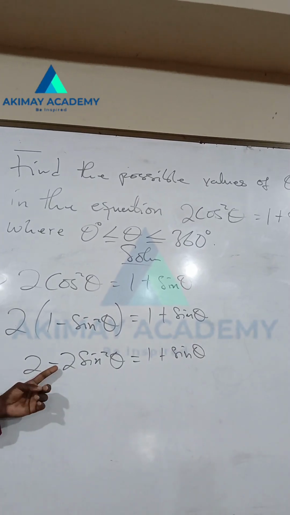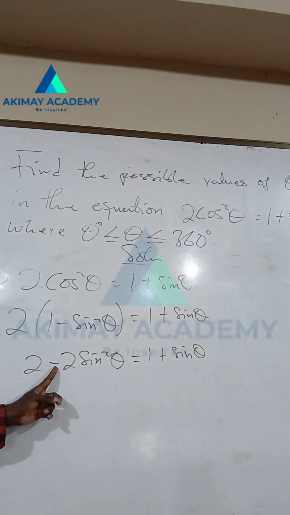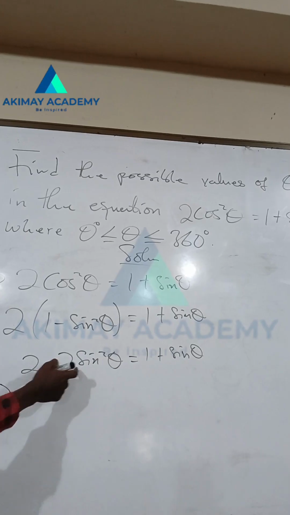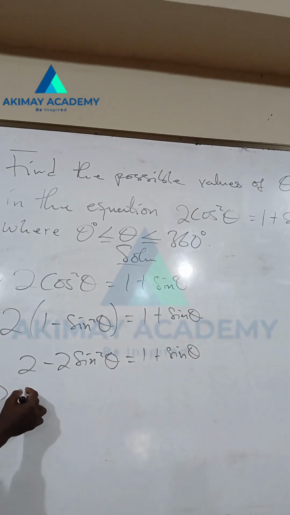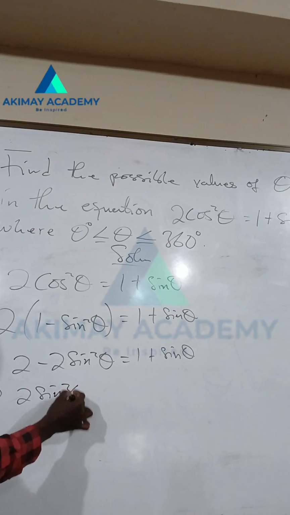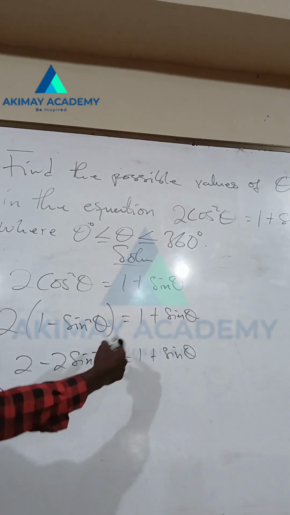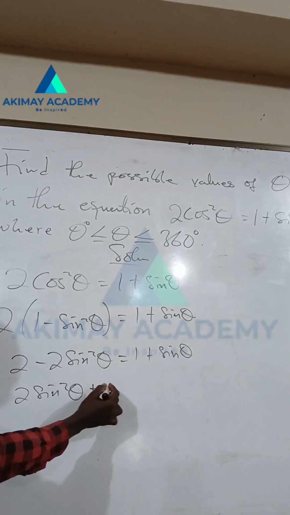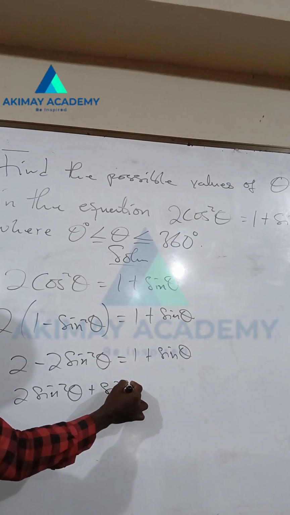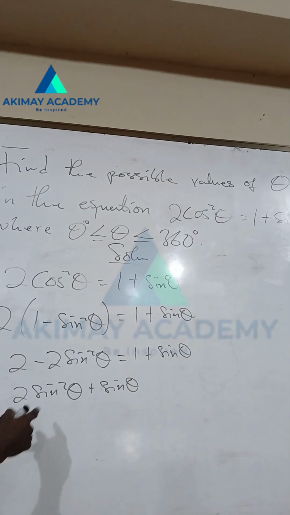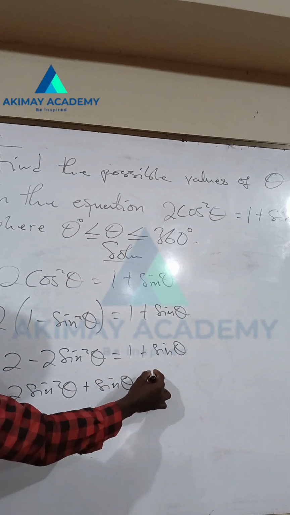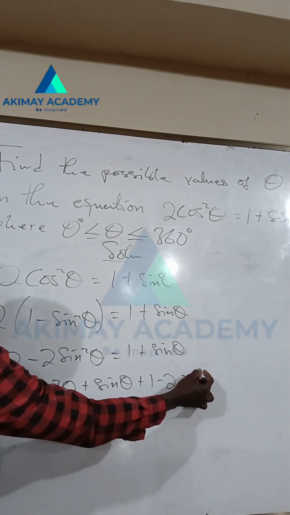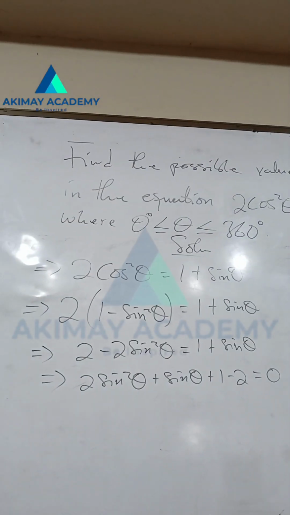On this side, you can see that the squared term is negative. So let's send everything to the other side of the equation so that it becomes positive. We are going to have 2 sine squared theta, plus sine theta, plus 1 minus 2, and everything will be equal to 0.